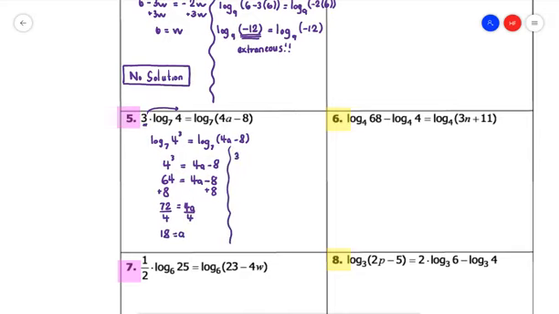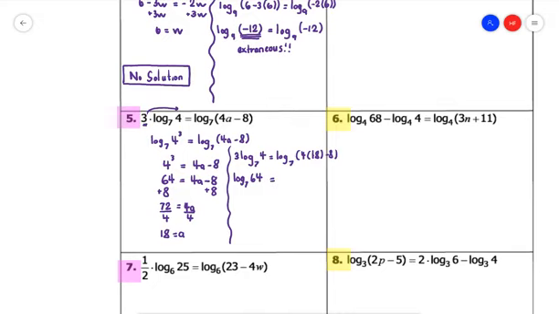So we'll plug it back into the original. 3 log base 7 of 4 equals log base 7 of 4 times 18 minus 8. So move that power to the 4, so it's 4 cubed, which is 64.